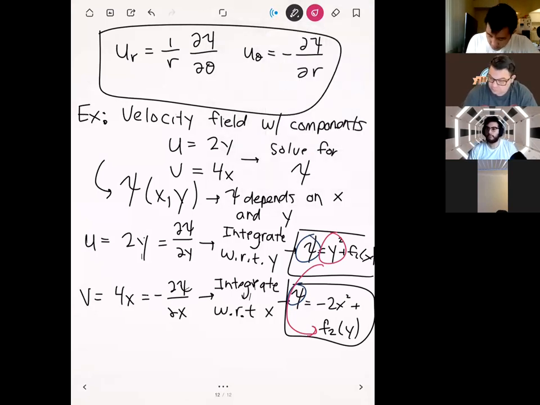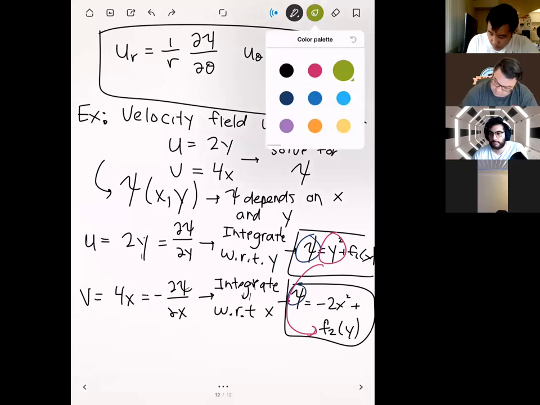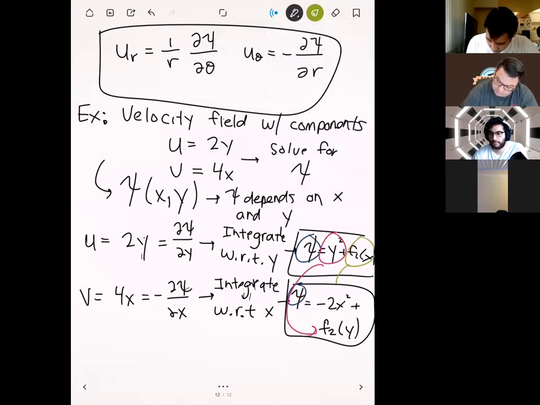Similarly, this function of x, f1 of x, the only thing that it possibly could be is minus 2x squared. And so if we equate these together, then we get that psi is equal to y squared minus 2x squared plus c.